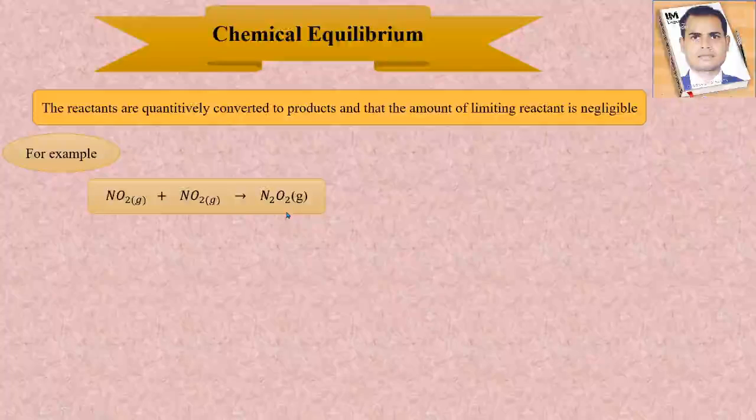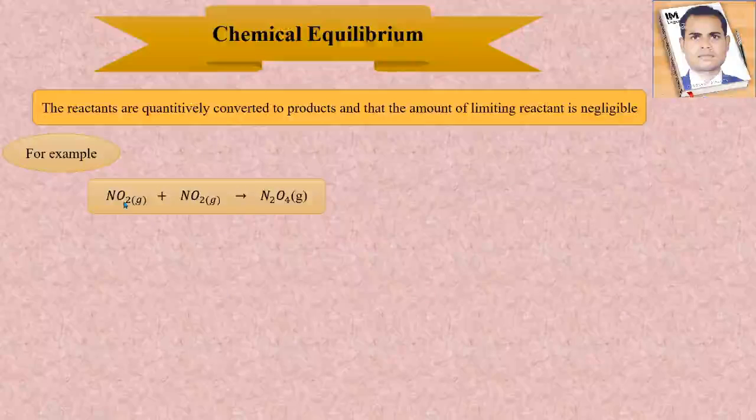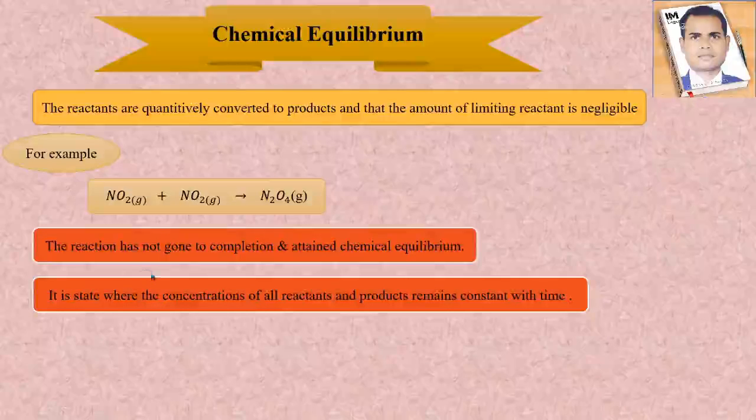You will see two nitrogens here in the reactant, and oxygens here 2 and here 2, so it becomes N2O4 in gas form. You will see the same quantity of reactant and product. Now the reaction has not gone to completion and has attained chemical equilibrium.